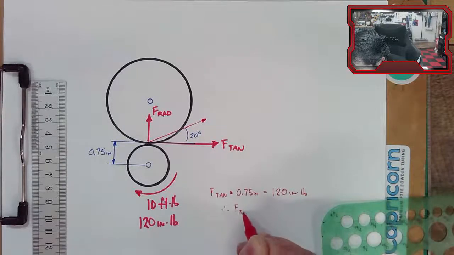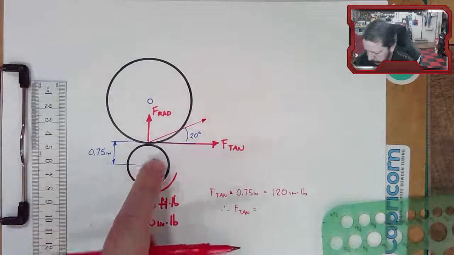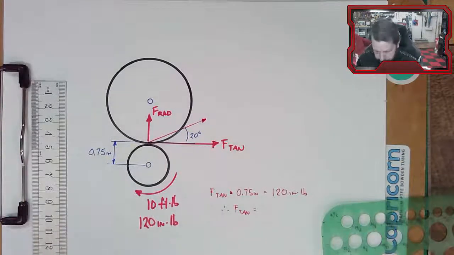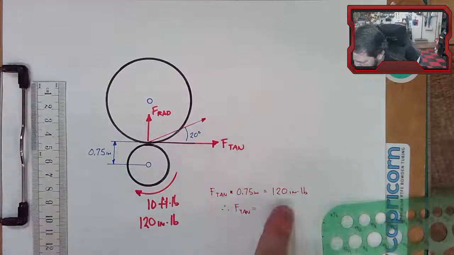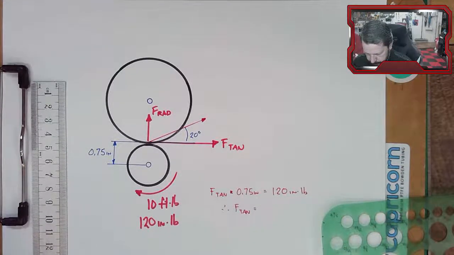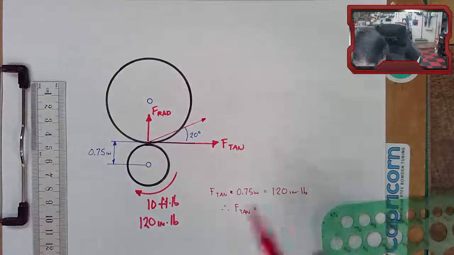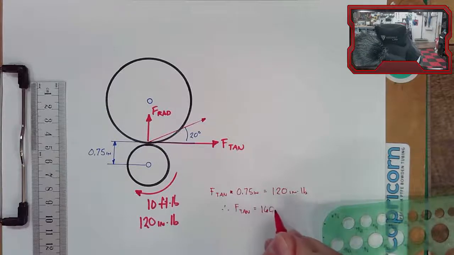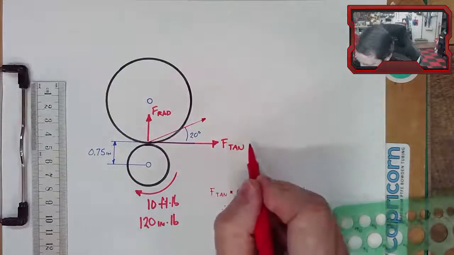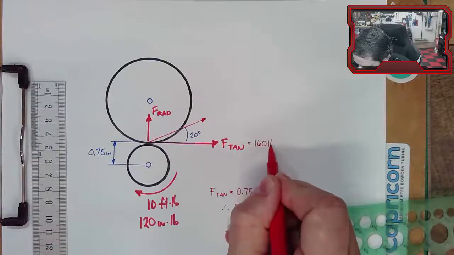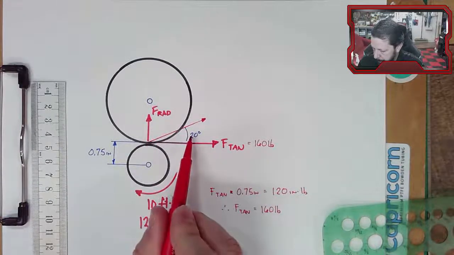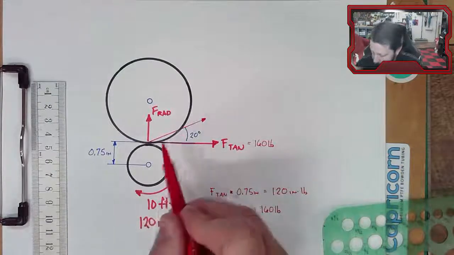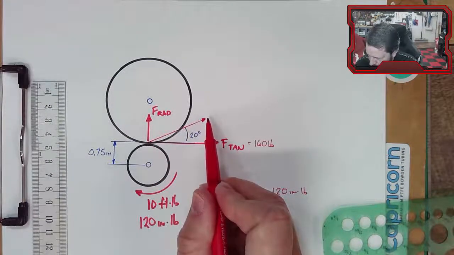Therefore, that tangential force, since I'm inputting 10 foot-pounds or 120 inch-pounds, is 120 divided by 0.75, which is 160 pounds. Now that I know this is 160 pounds, I can also figure out the radial force because I know the pressure angle. I know this resultant is at a 20-degree angle.